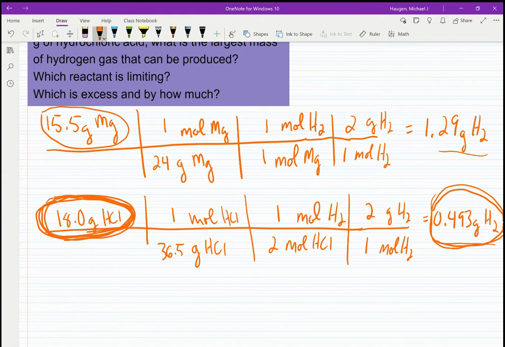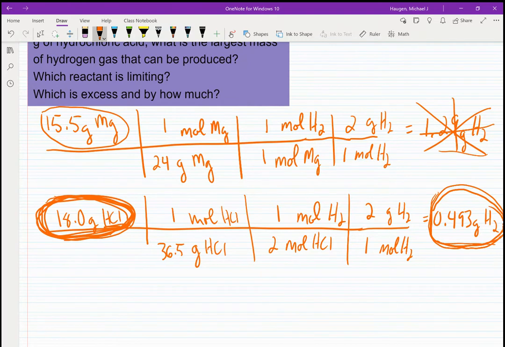It is the reactant that runs out first because I can only make this amount of hydrogen. This number doesn't exist. I cross it out because I will never use that number for anything because it doesn't exist. The hydrochloric acid runs out before the magnesium, and I can only make 0.493 grams of hydrogen.